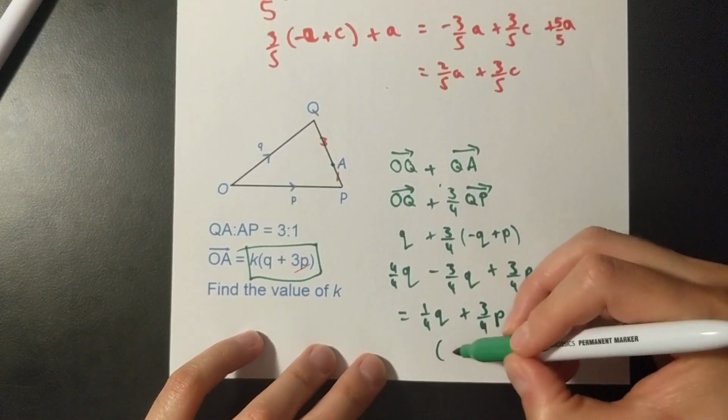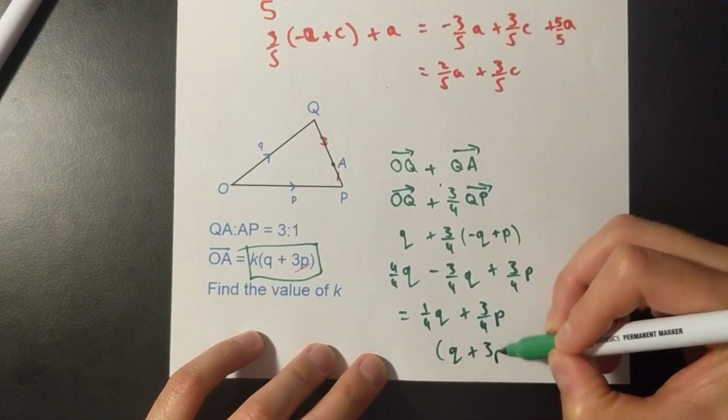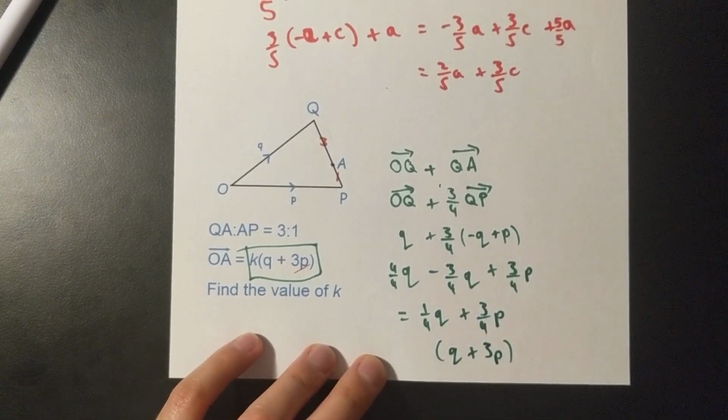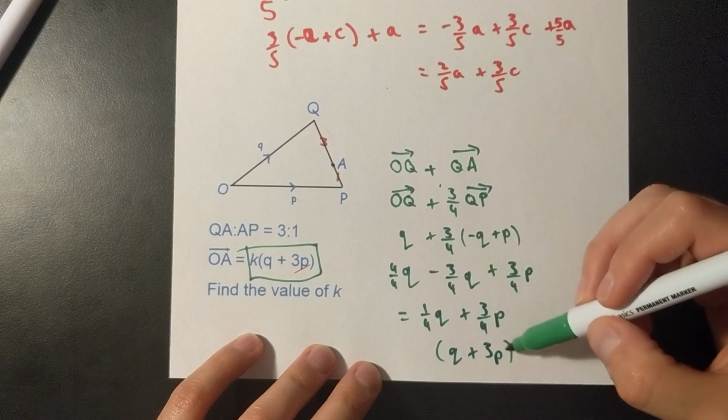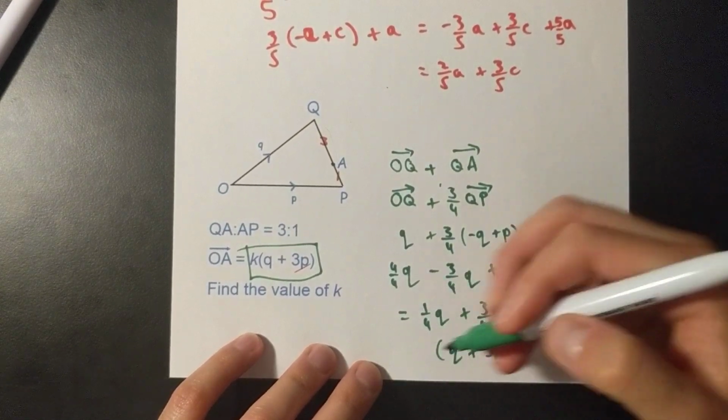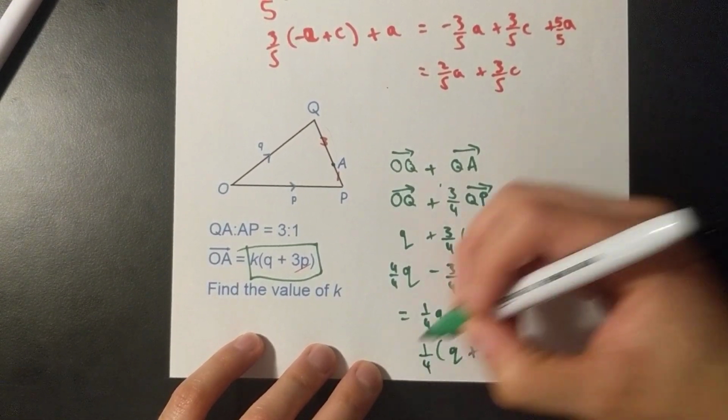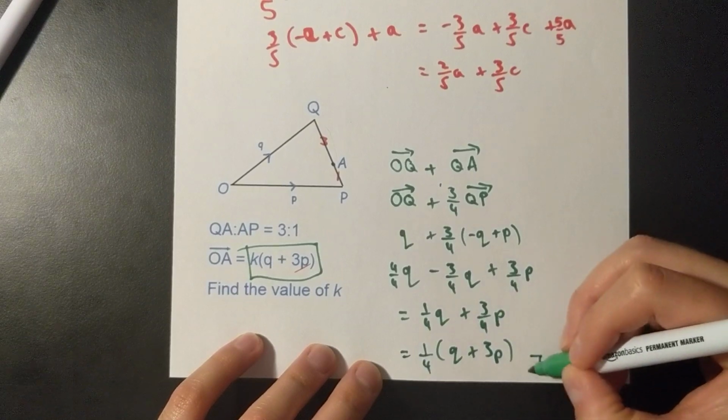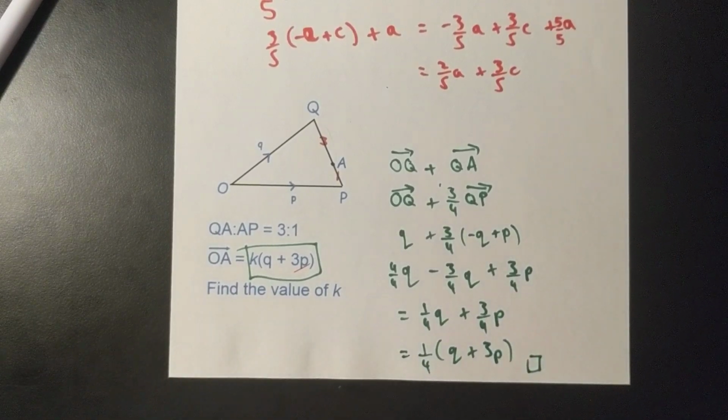We want it to be something times by Q plus 3P. Well, what am I multiplying this by to get this? Well, that's just 1/4. Done. And you can put a little proof box at the end.